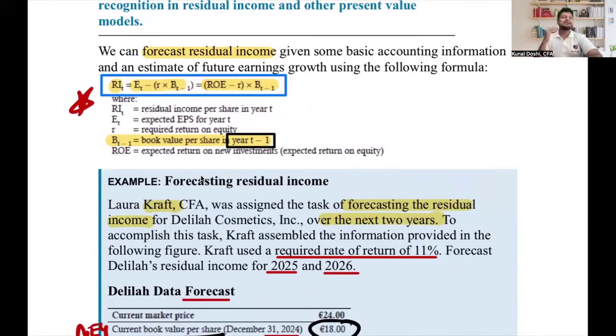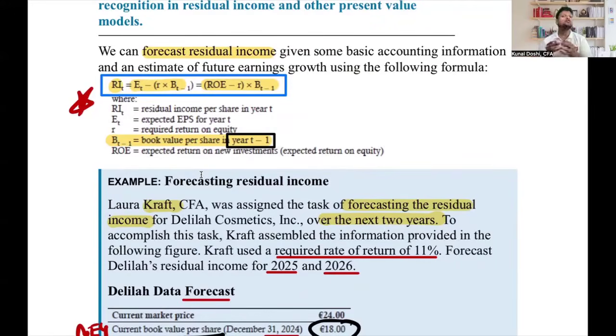Both the formulas are acceptable for you to find residual income. Mostly in the exam, they will ask you to find residual income and value the company based on residual income, same like our Gordon's growth model. Just remember that instead of dividend and free cash flow, we are replacing that with residual income, correct?